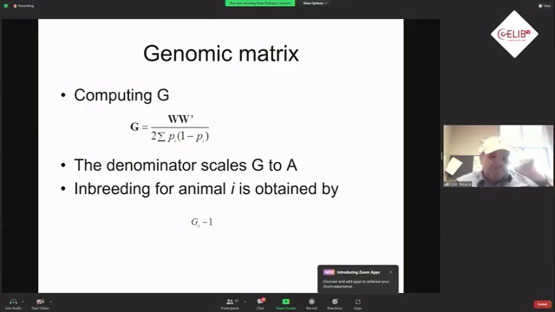So let's assume that the parents are half siblings. What will be the inbreeding of the progeny? If I know that the father and the mother are half siblings? 0.25. Why is that?